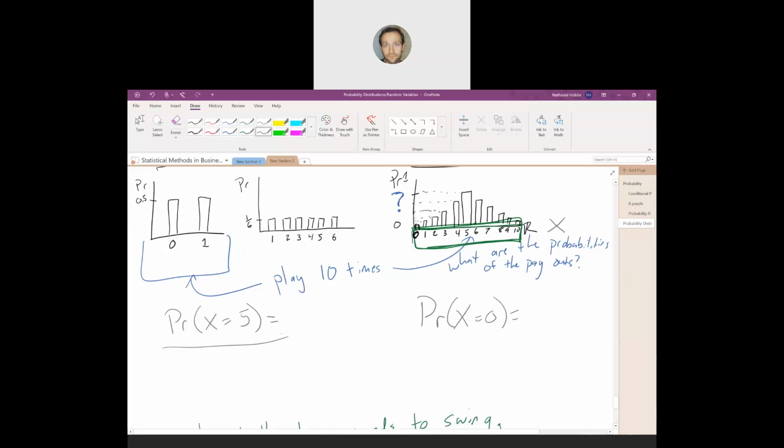How would you think about calculating the probability of getting 5 heads out of 10 flips? Could you multiply 0.5 5 times maybe?